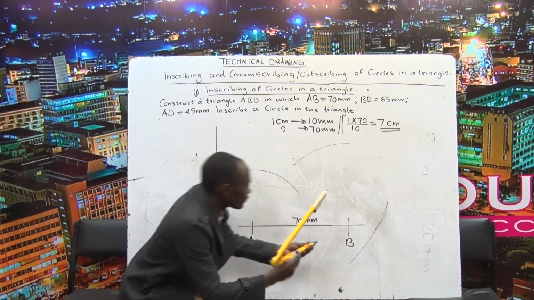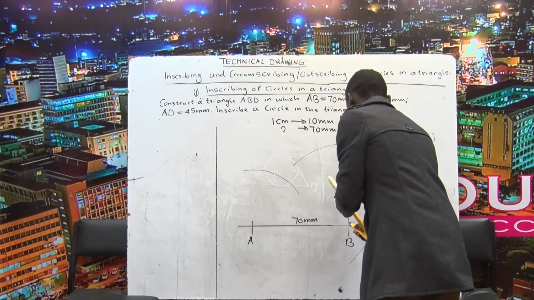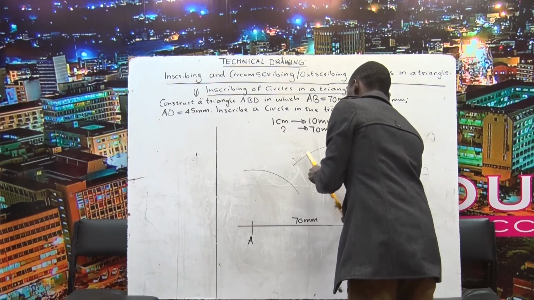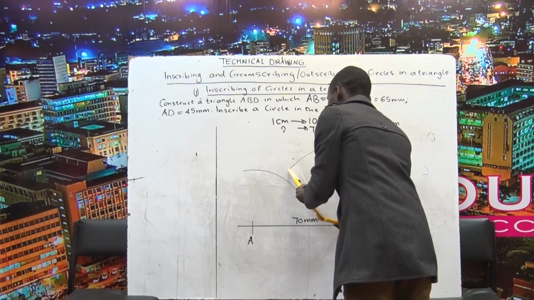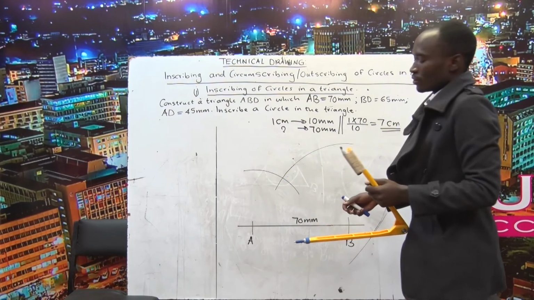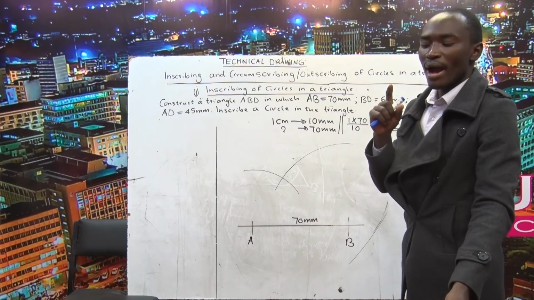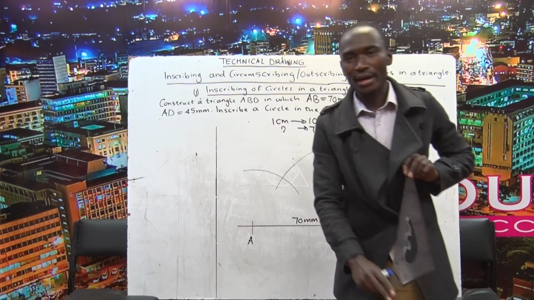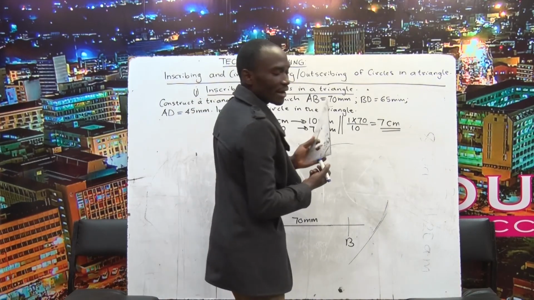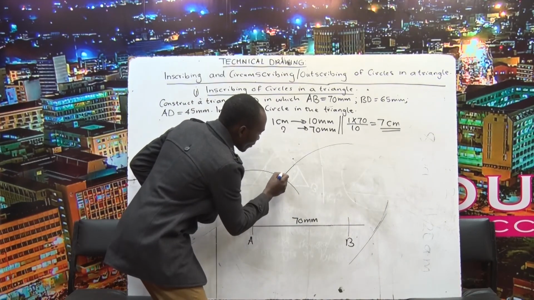Let me extend this one. Where those two arcs meet, I need to use my ruler and join to form a triangle. So this is my point D.